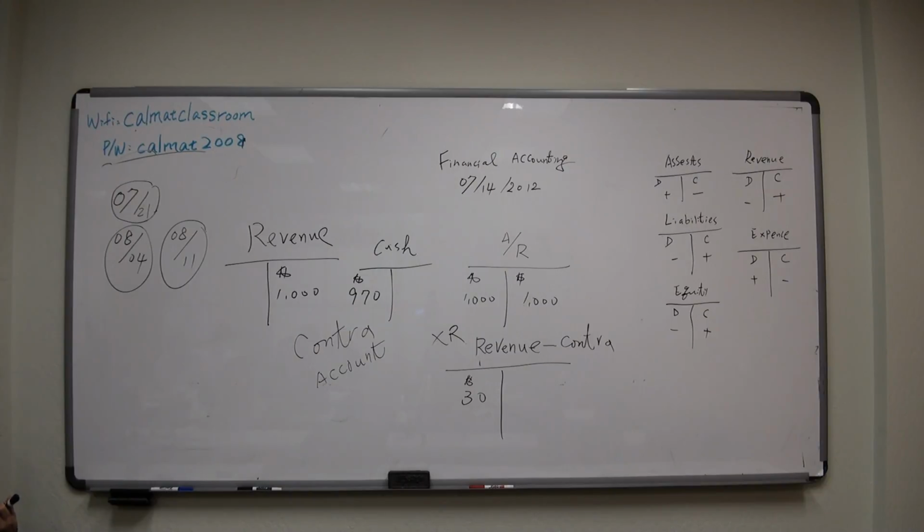So you know you must pick one account which can bring you 700 debit. What kind of account increases by 700 and is recorded on the left side? Which category increases on the left side? There are only two categories.